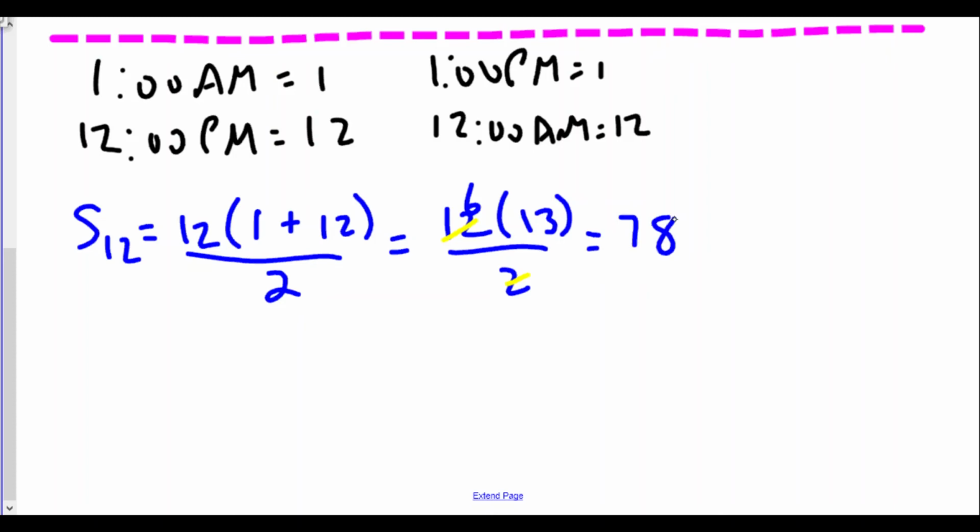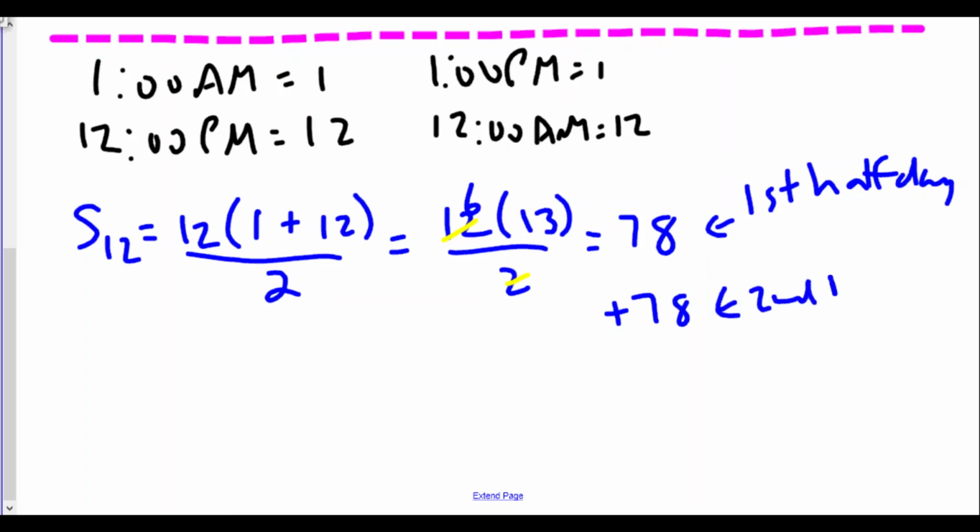But that's for the first half day. We'll have 78 for the second half because it follows the same pattern. And so if we add the total number of times the clock rings, it will be, in this case, 156 times.